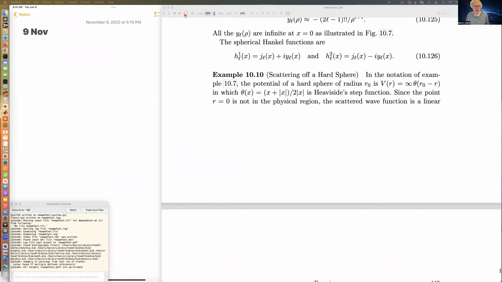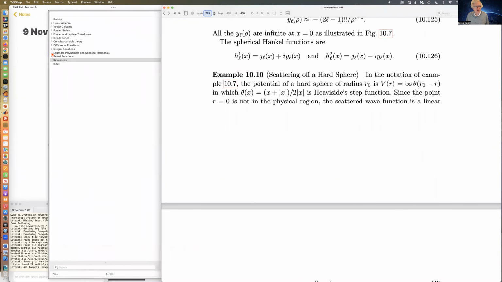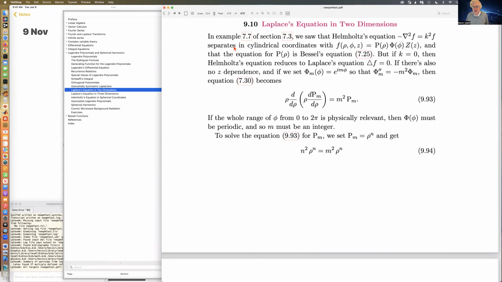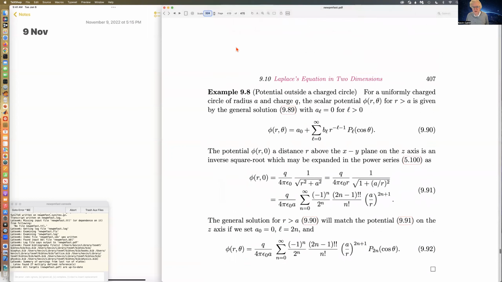I think what I'm going to do first is go through an example about Legendre polynomials, an example that complements one of the homework problems.